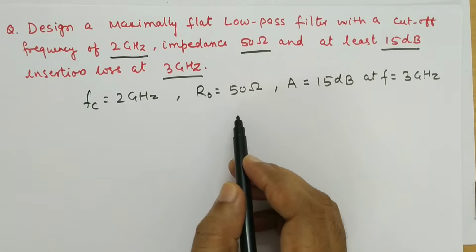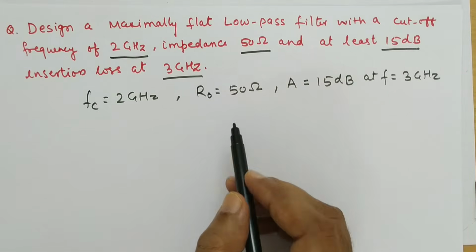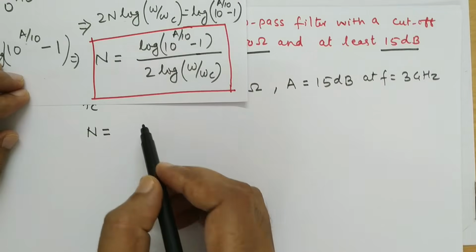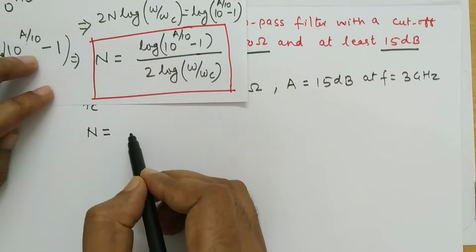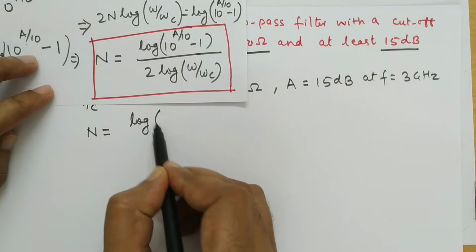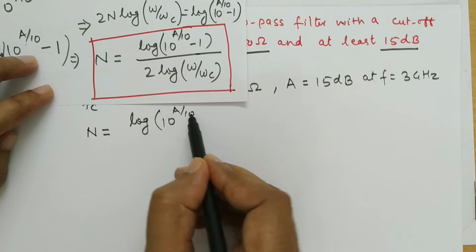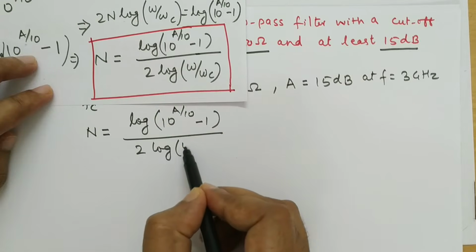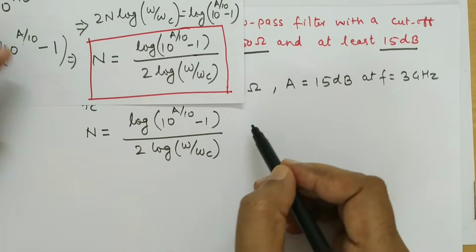So we have to first find out the order of the filter, that is N. We know the formula of order as log 10 to the power A by 10 minus 1, divided by 2 log omega by omega c.